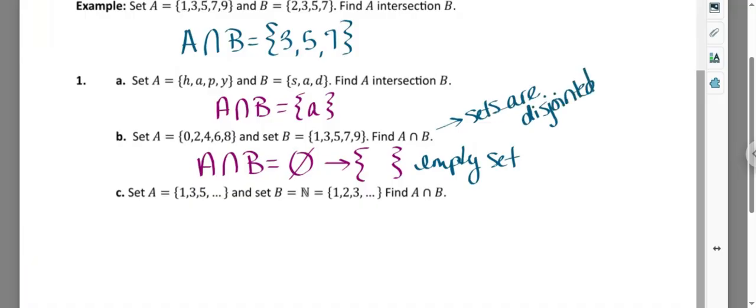So we're back to that word disjoint, meaning A and B do not share any common elements. They are disjoint.